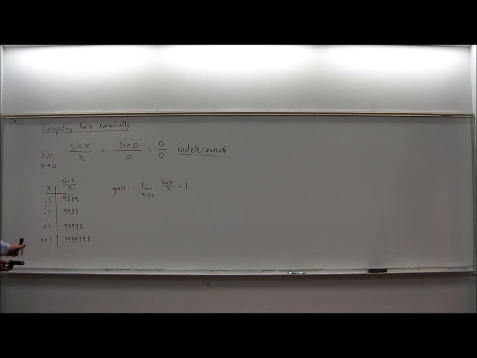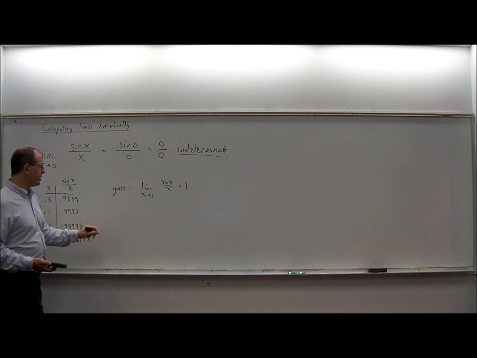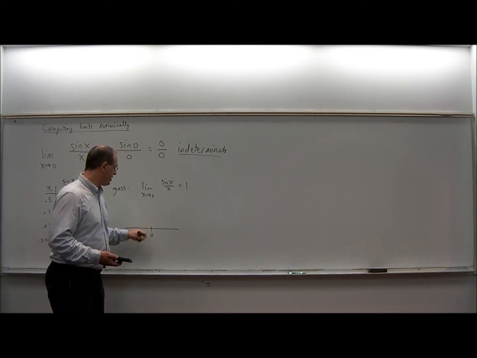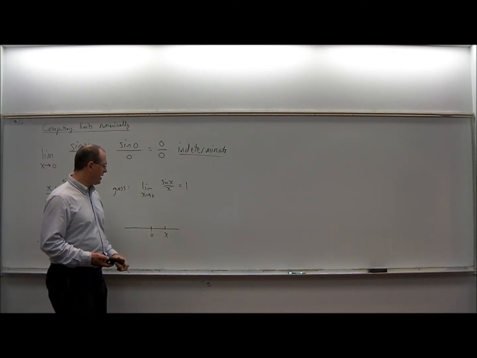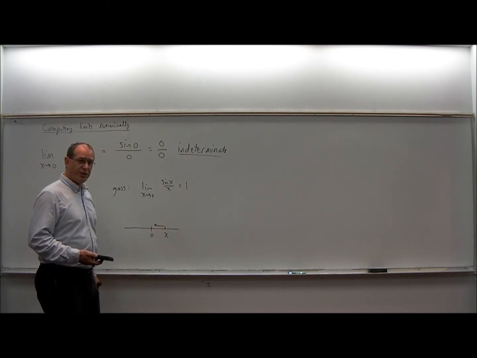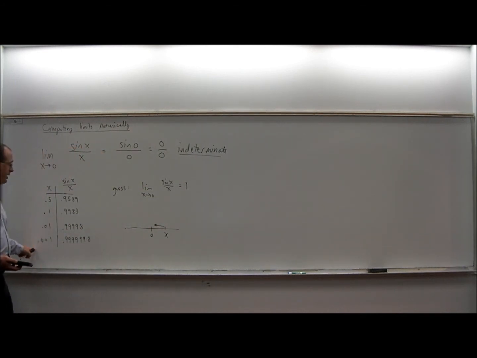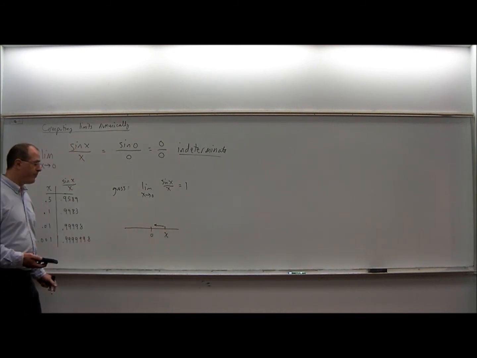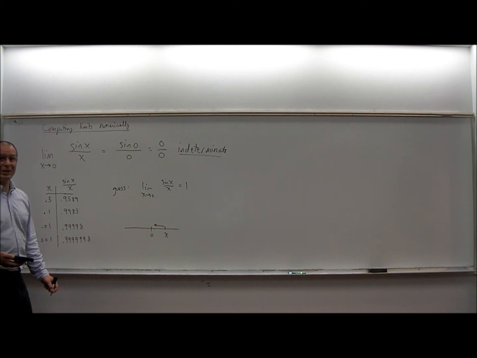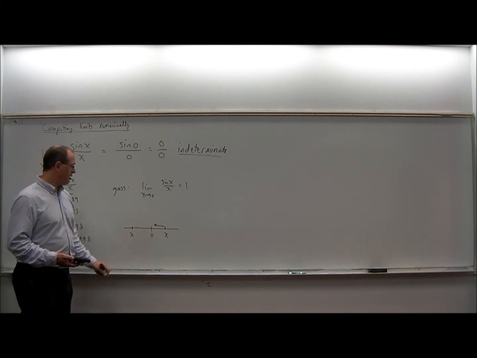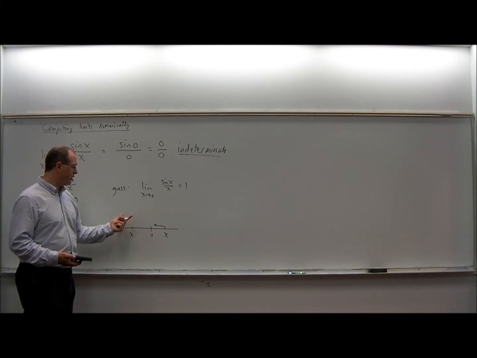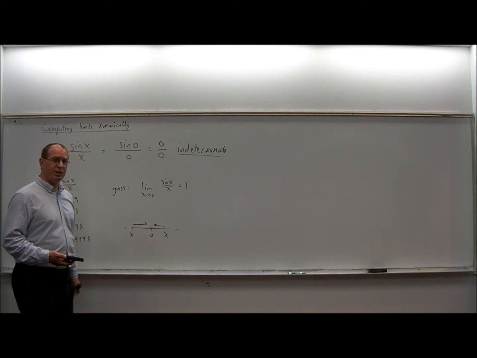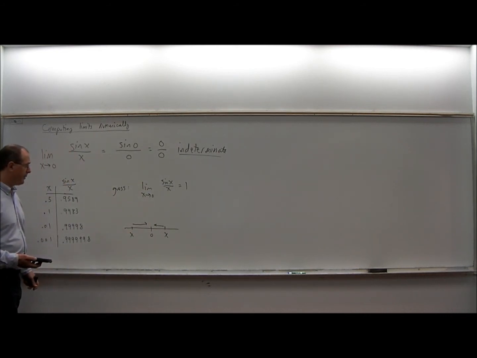And more importantly, this limit is a two-sided limit. It says here that x is approaching 0. There's 0. One possibility is that x is over here and approaching 0, and that's what I did here, 0.5, 0.1, 0.01, etc. But another possibility that's equally valid is that x is on the left side of 0, in which case x would be negative, and approaching 0 from the left side.